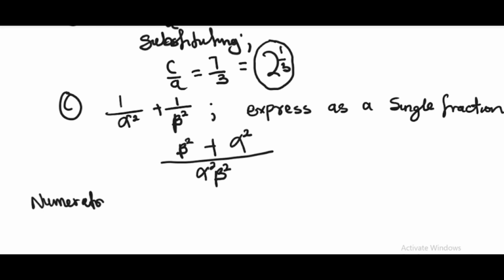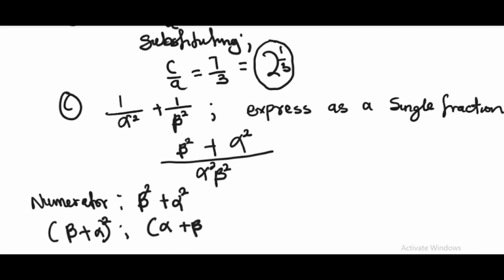Remember, we know alpha plus beta. Let's see how that will help us find beta squared plus alpha squared. Let's use the expansion of alpha plus beta all squared. If you open this expression, let me just start with alpha. It's still the same whether you start with alpha or beta.